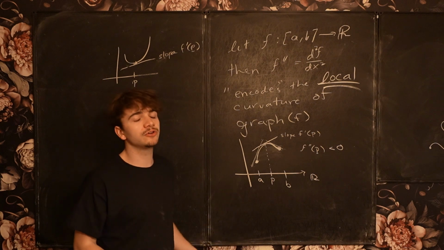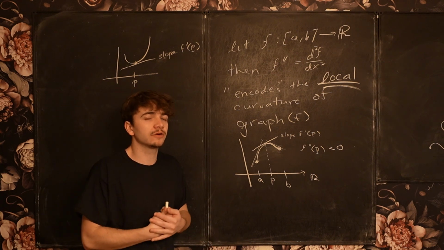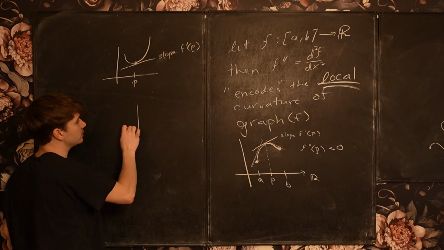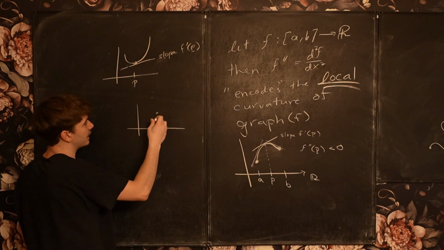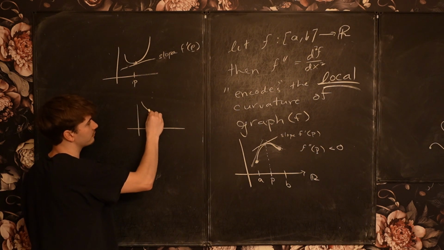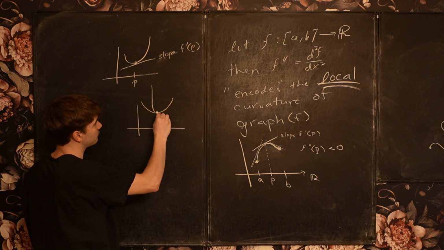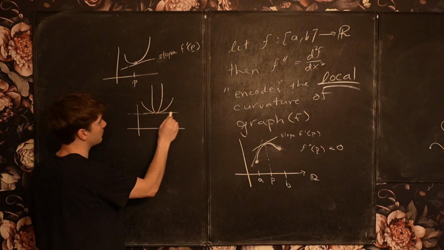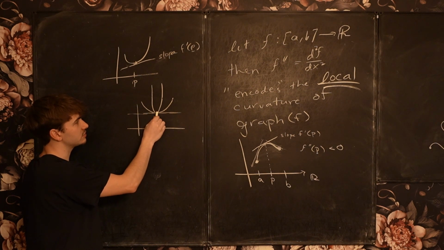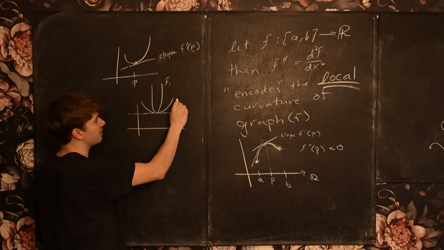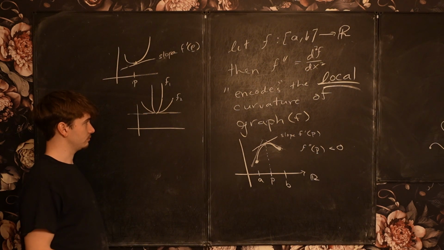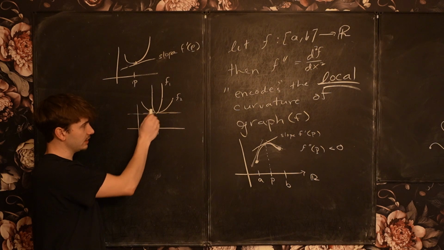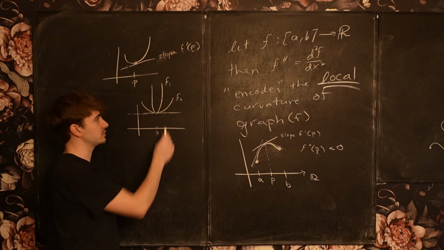And then the magnitude is going to tell you how much the graph is curving. If I look at two different graphs, both with positive curvature, let's call them F1 and F2, then the curvature of F1 locally at this point P is going to be greater in magnitude than the curvature of F2.